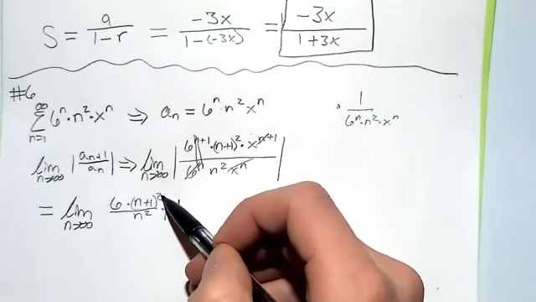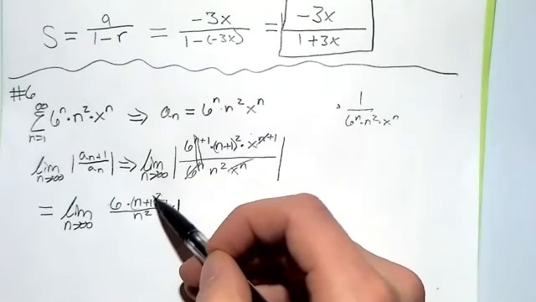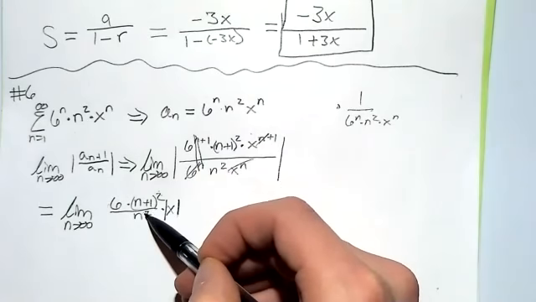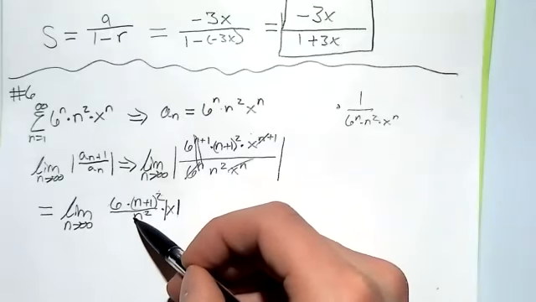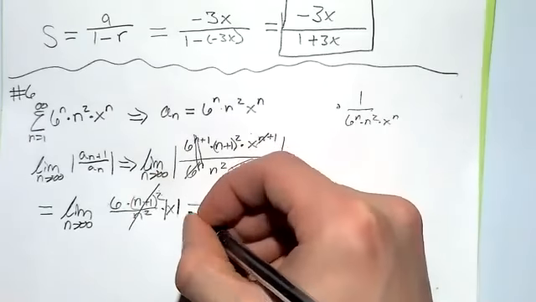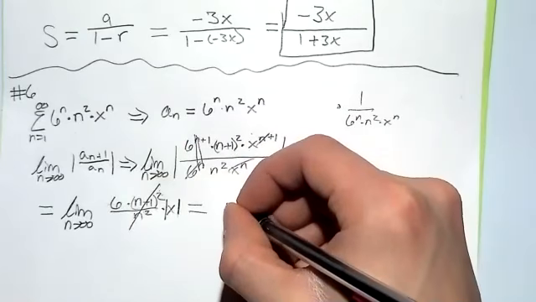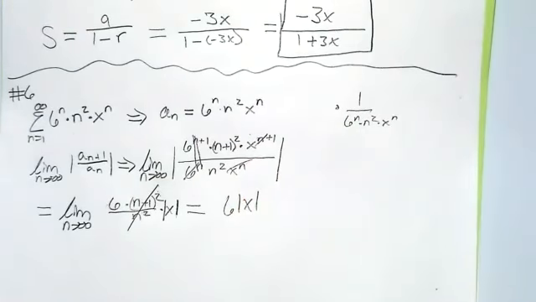This n plus 1 squared is, and this n squared is. Well, we have n to the same power in top and bottom. So we think about our coefficients in front of our n squareds. We have a 1 and a 1, so we just simply have 1 over 1. So that limit then equals 6 times absolute value of x.